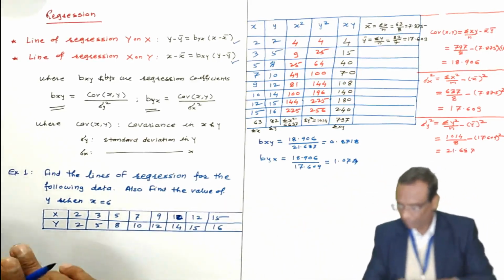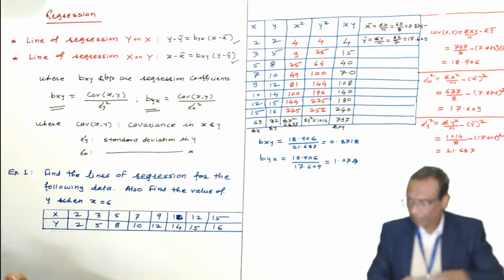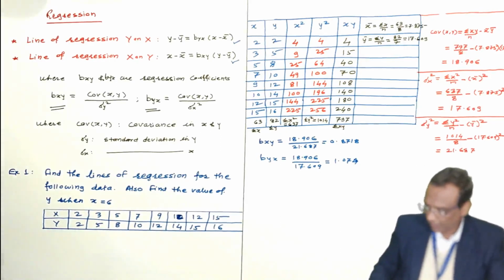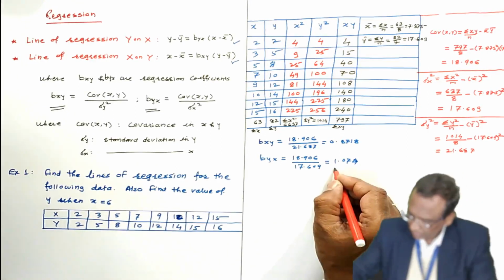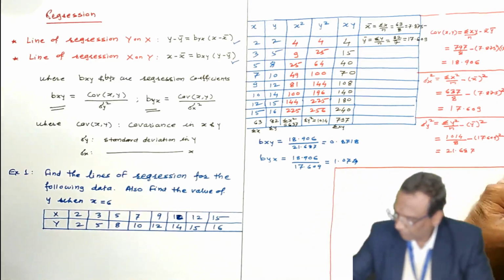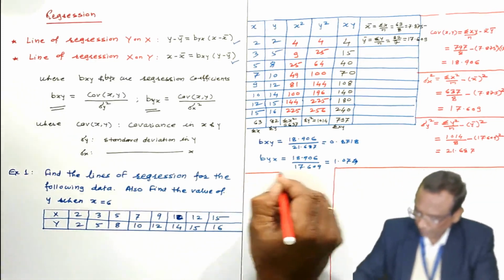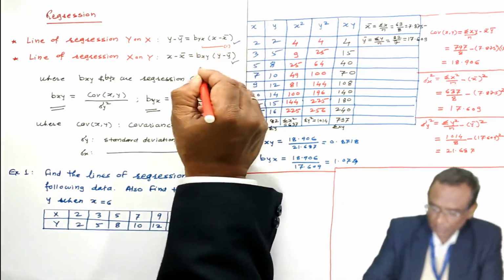Now I am going to use the next sheet. Instead of using the next sheet, I am writing here itself, in this portion. The formulas I am going to give are 1 and 2.